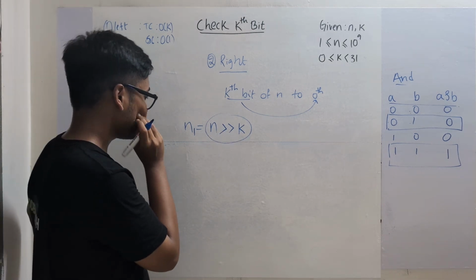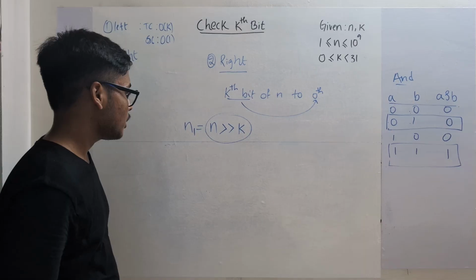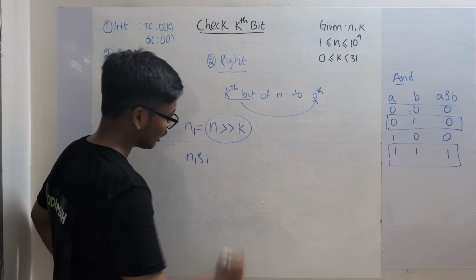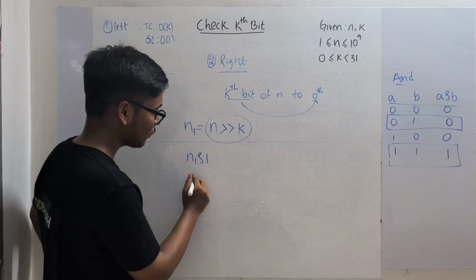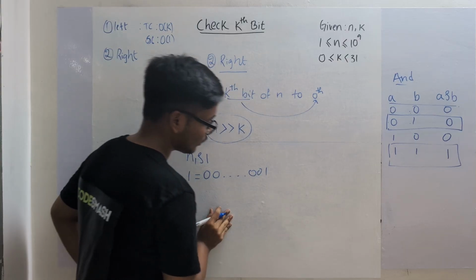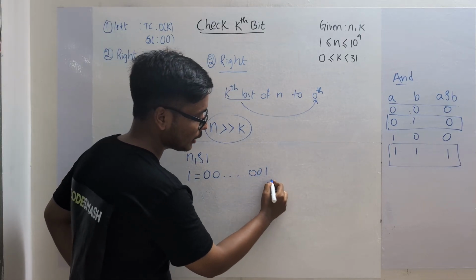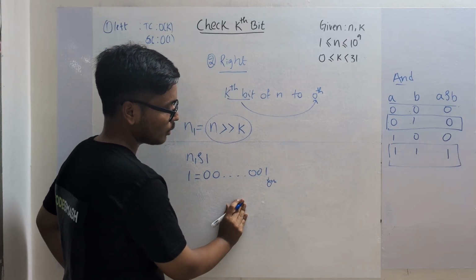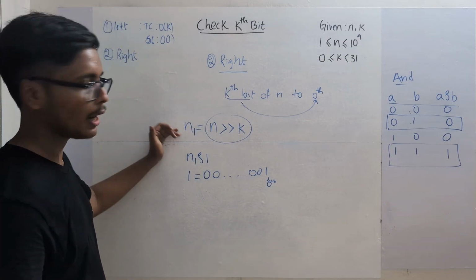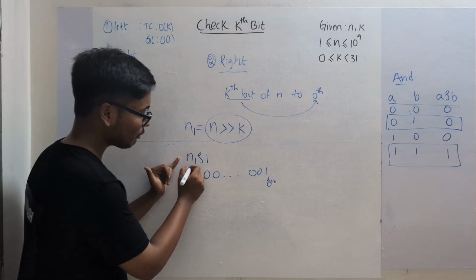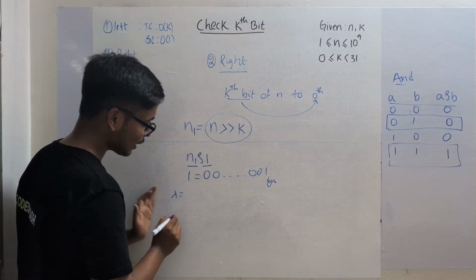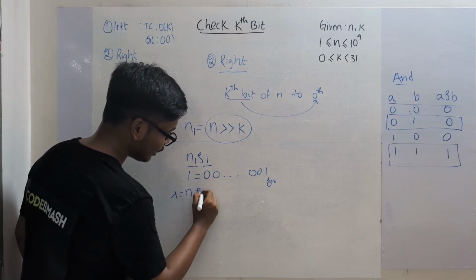So now we have to check the 0th bit of n1, which means we have to check the value of n1 and 1. As we write 1 in its binary form, it's nothing but 0, 0, 0, 0, 1. Every other bit except the 0th bit is zero, and only the 0th bit is 1. As we want only the 0th bit of n1, we do the AND operation between n1 and 1. Let us take the final answer as lambda, n1 and 1.